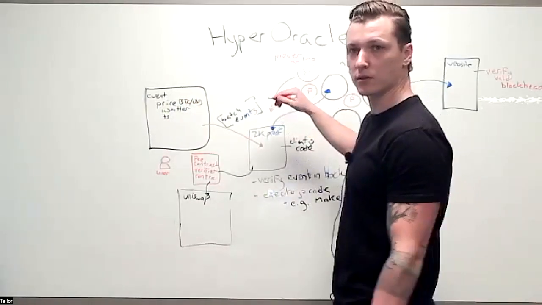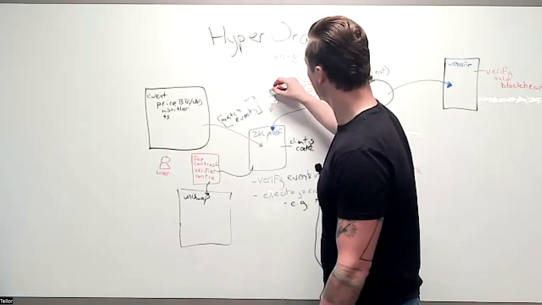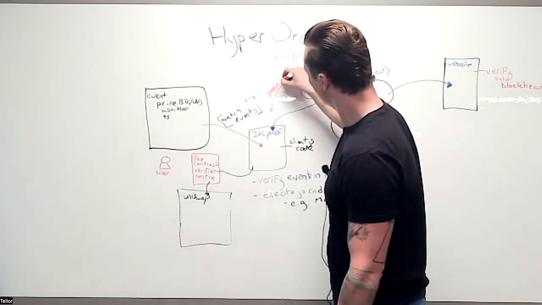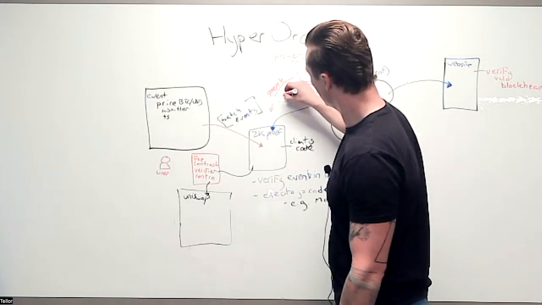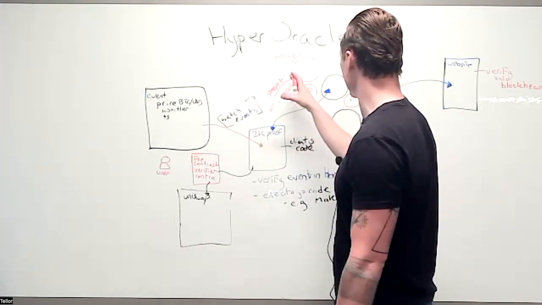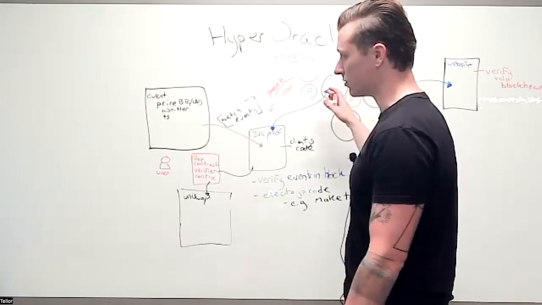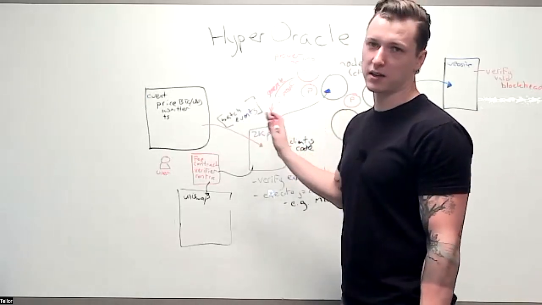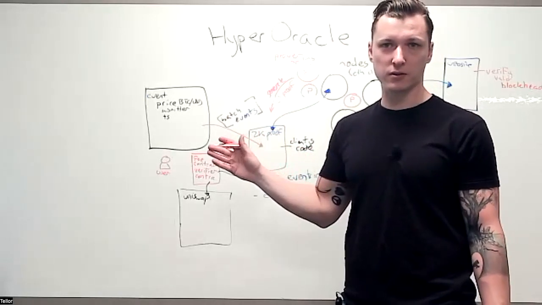They take the client's code and generate the proof, and then the other nodes would just be validating against that proof, right?